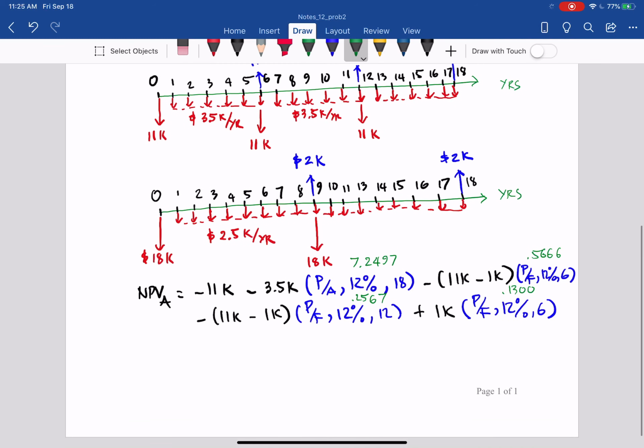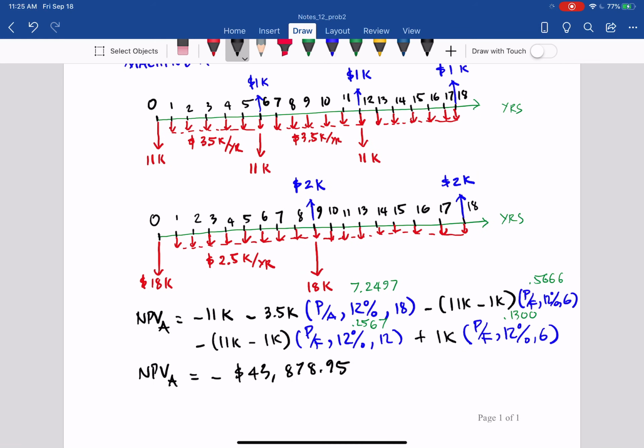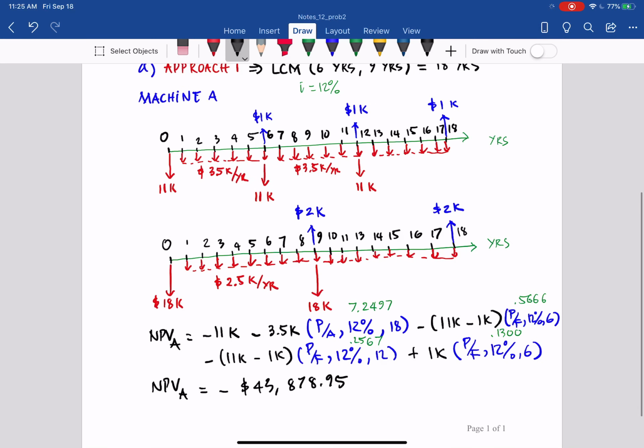So from that one, we can have NPV-A equal to negative 43,087.895. And the same process you can apply by now for the NPV for machine B.